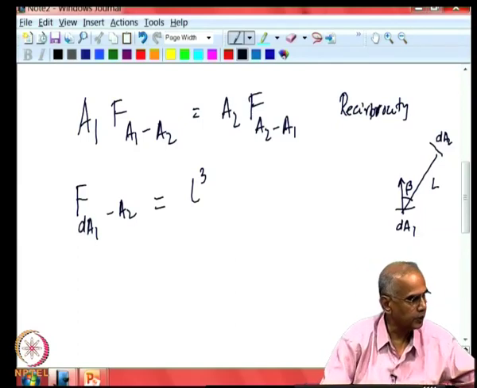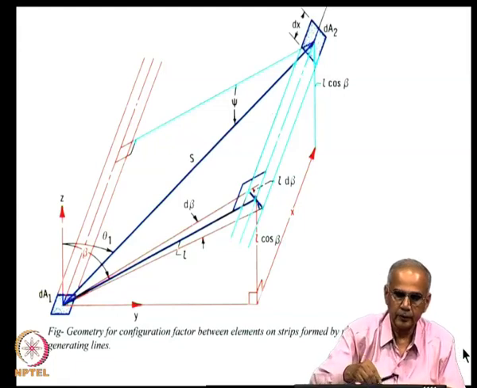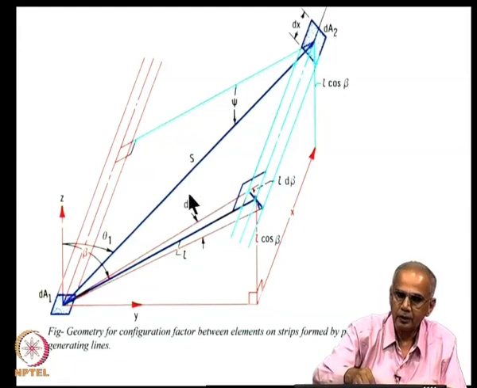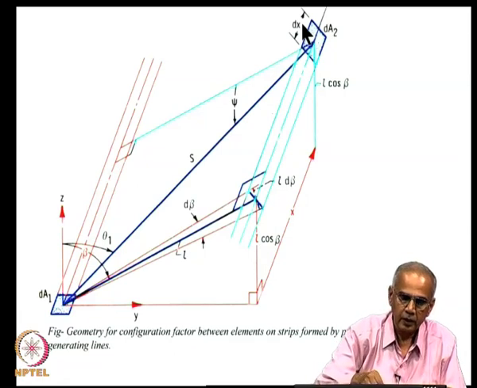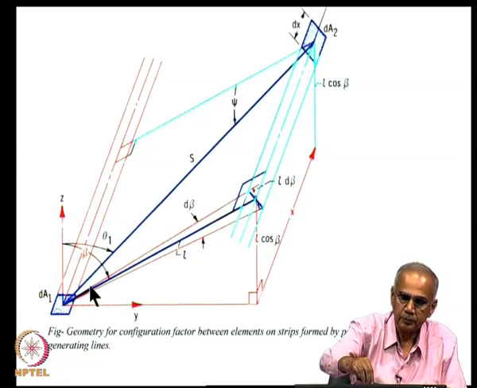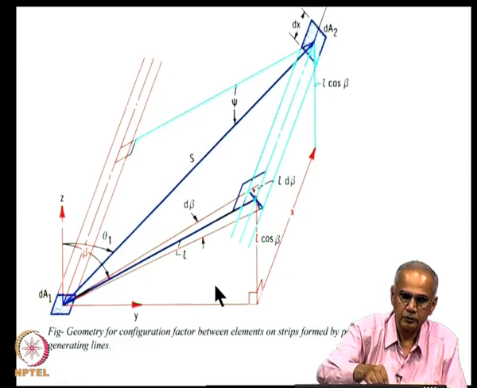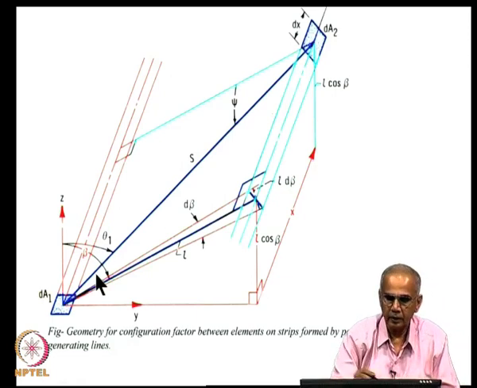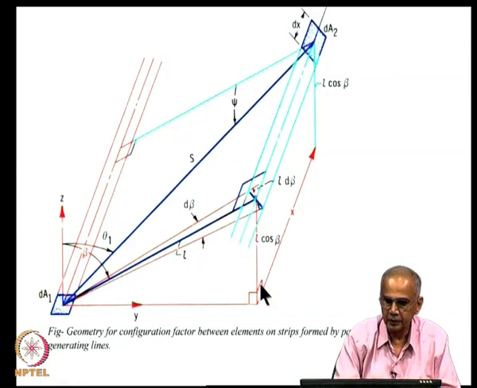If you go back to the picture, theta 1 is the angle when you draw the vector S joining dA1 and dA2, while beta is the projection of this on this plane. That is where you get beta, and once you know that beta and this distance L, L cos beta is the vertical distance here.